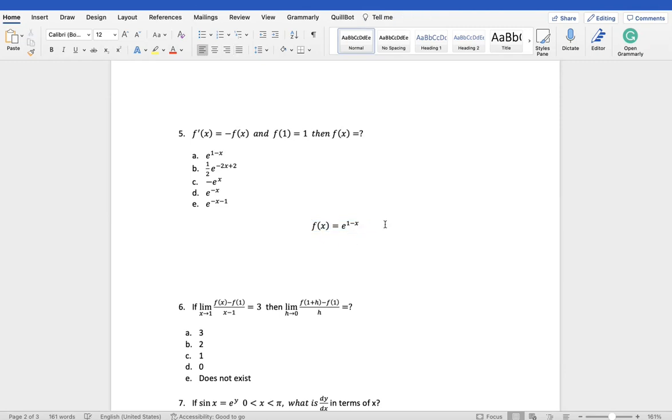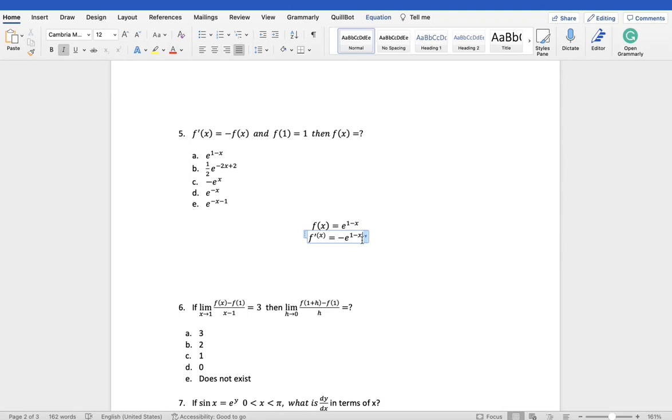The first derivative of f of x then becomes the original function, an exponential function, 1 minus x, multiplied by the derivative of what's in the exponent, which is the derivative of 1 minus x, which just gives you minus 1, right?